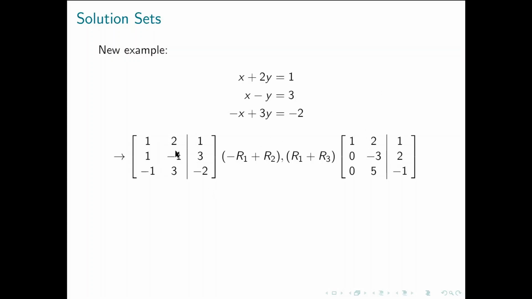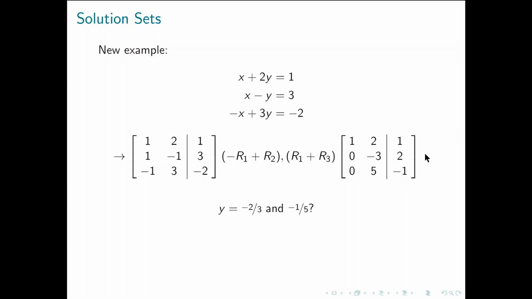I just need to eliminate the terms under the 1 in this first column, and you'll notice I get, after these 2 row operations, -1 row 1 plus row 2 and row 1 plus row 3, I eliminate the 1 and the -1 here, and I have 2 equations that are only in y. Those equations are -3y equals 2 and 5y equals -1.